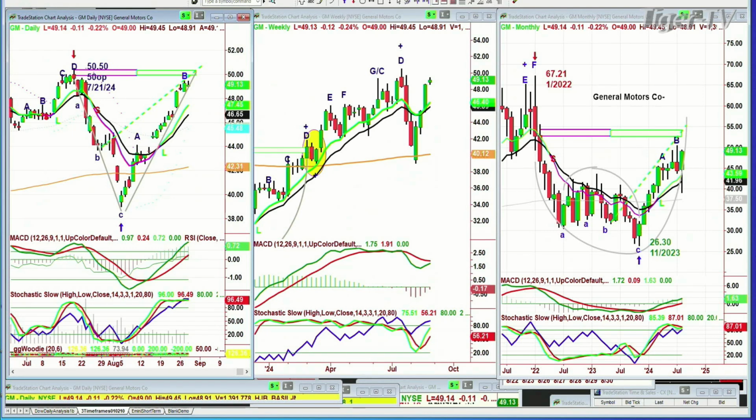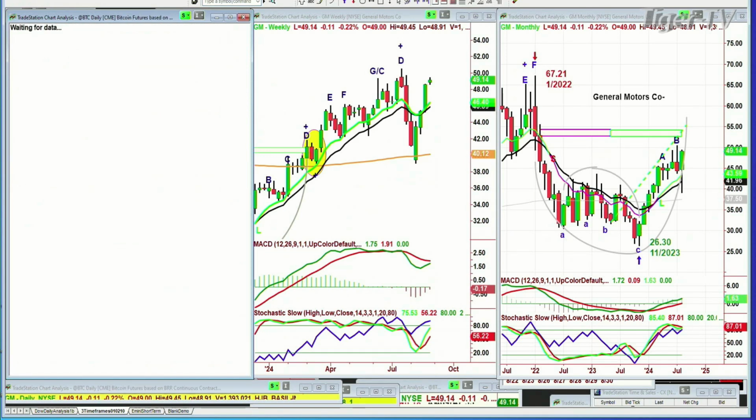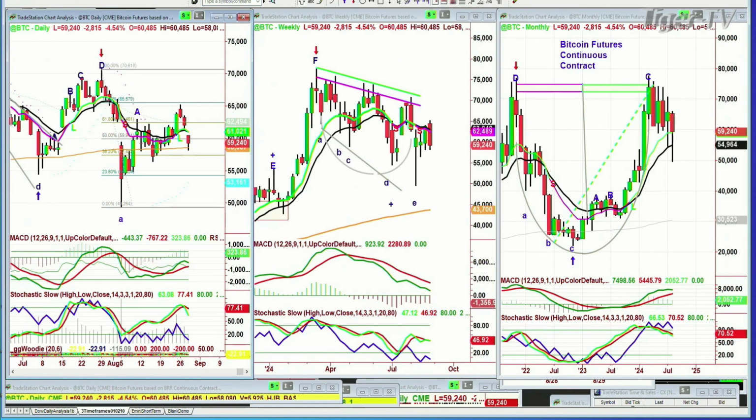Next question is Bitcoin. I'm still of the opinion that Bitcoin's stuck in a range right now. It did go to a peak B. It failed right there, at the fib number. All we're looking at here is that it's pulled back. But the 9-period moving average in the weekly chart, and the high made back in March in the 75,000s, I think that's going to be difficult to get to in the shorter term.